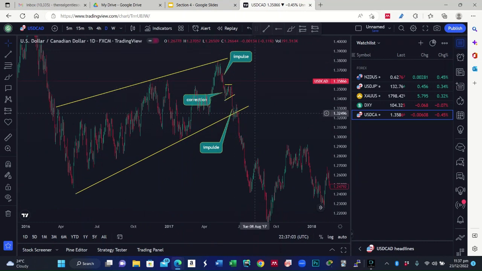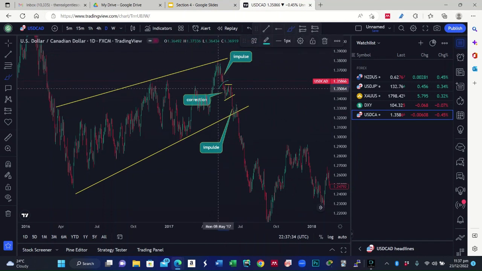What I'm trying to make you understand here is that if you go to the higher time frame, even in a correction there are always plenty of moves that you can catch on a time frame lower than that particular time frame. I hope you are getting it now. It means even in this daily time frame, if I go lower to the 4 hour time frame, you are still going to see some impulse, correction, and impulse inside this correction of the daily time frame.